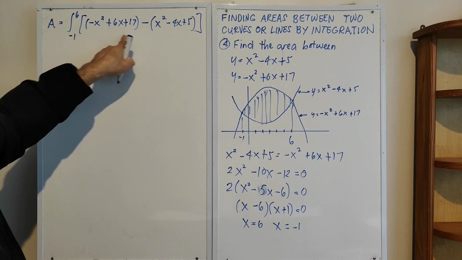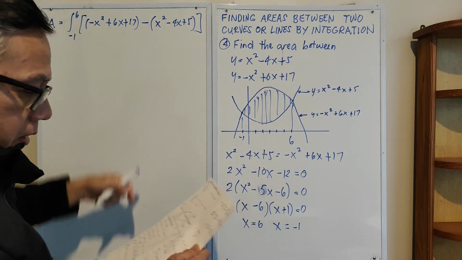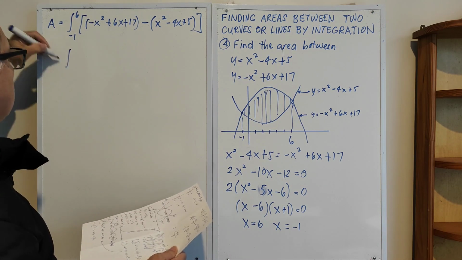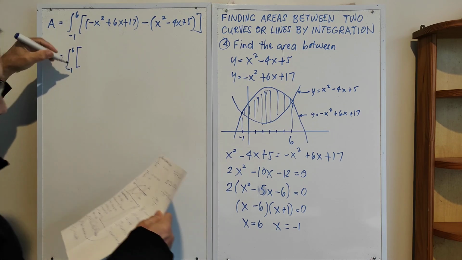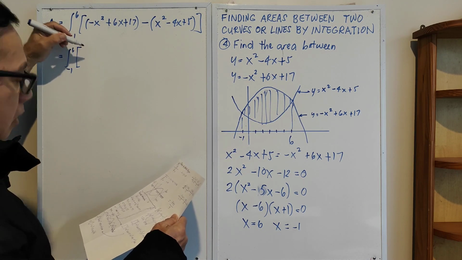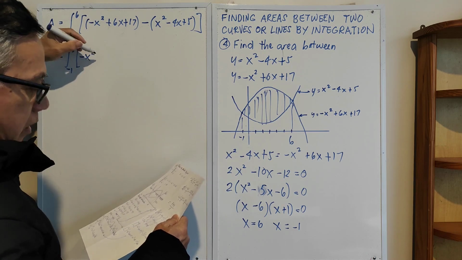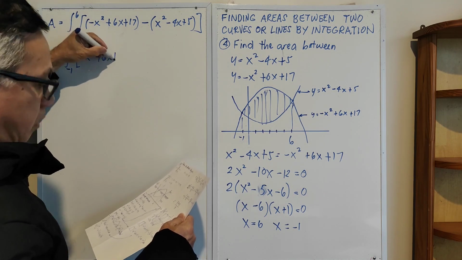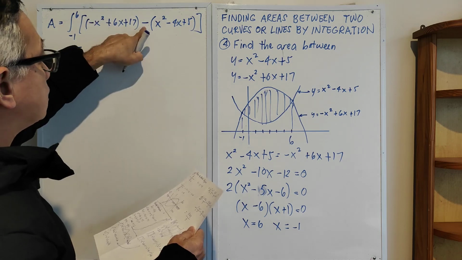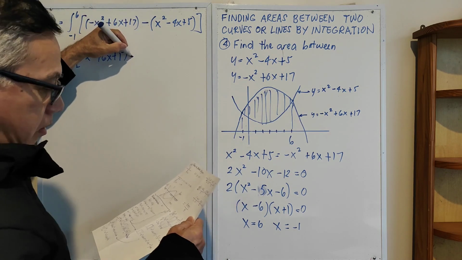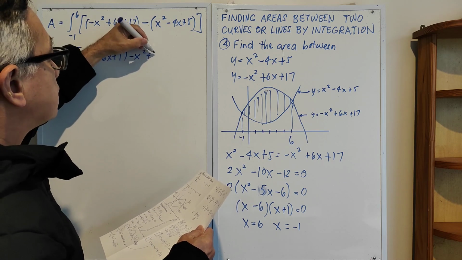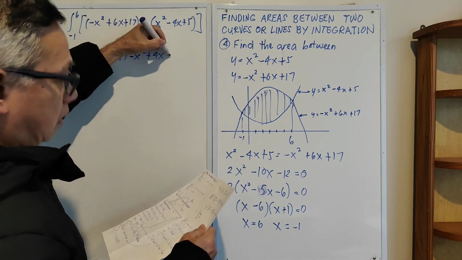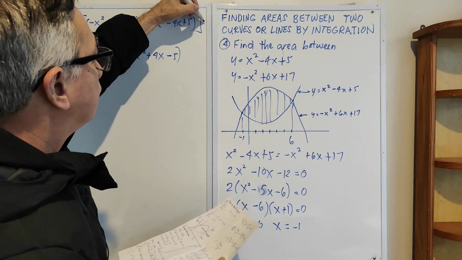So distributing the negative sign, minus x squared plus 4x minus 5 dx.